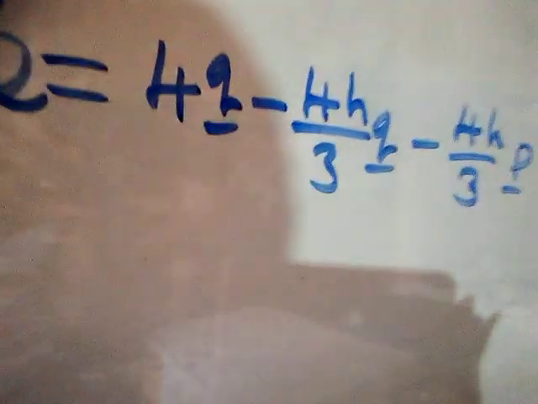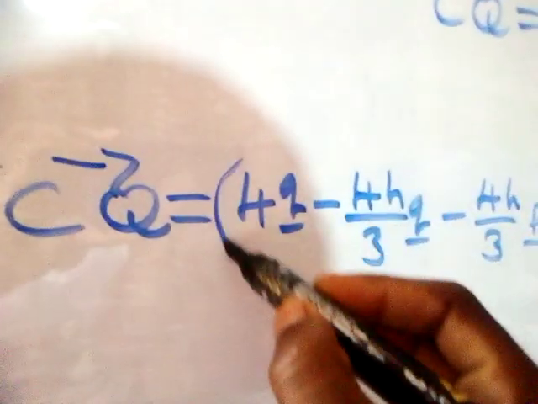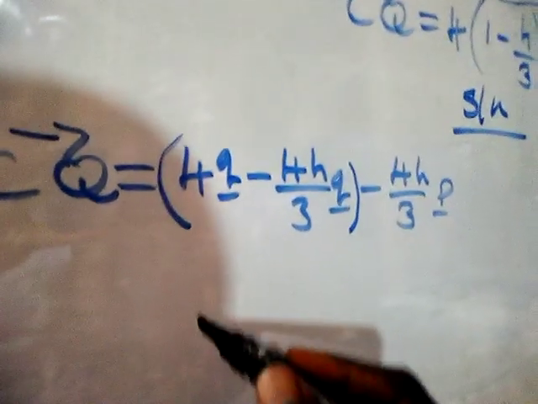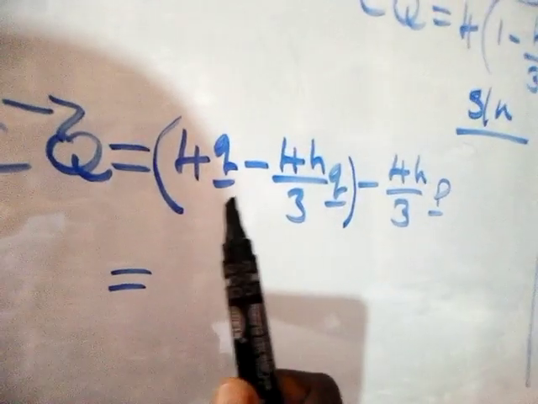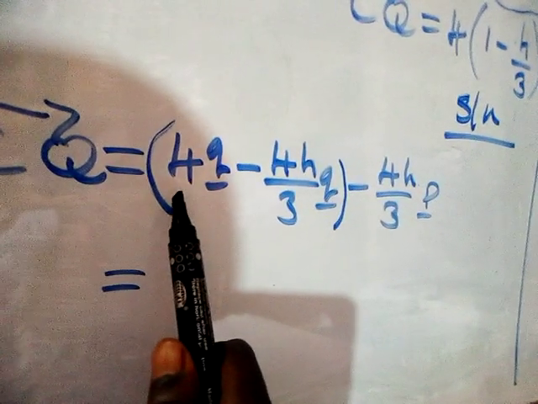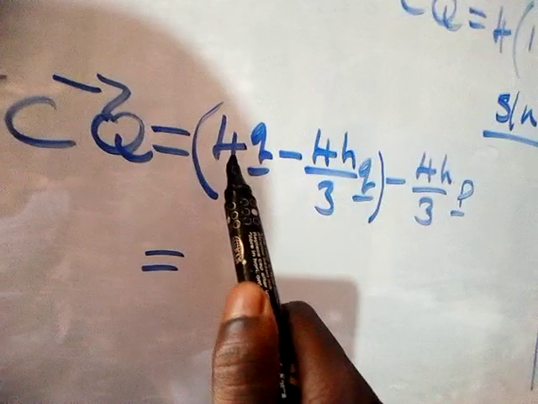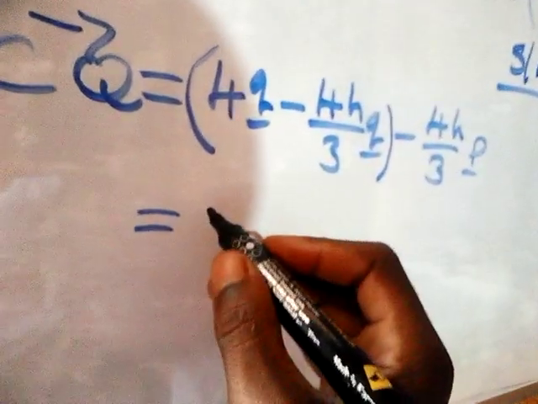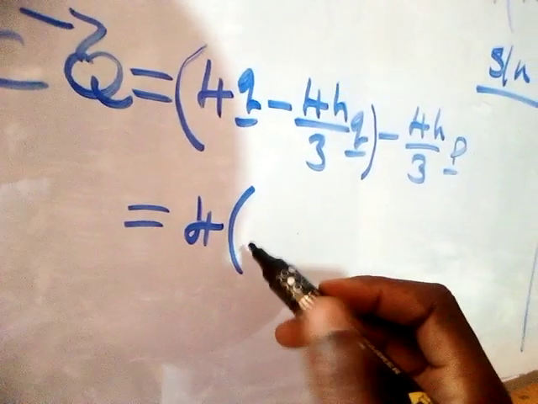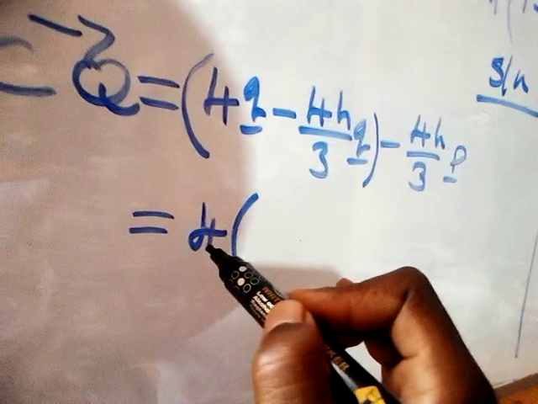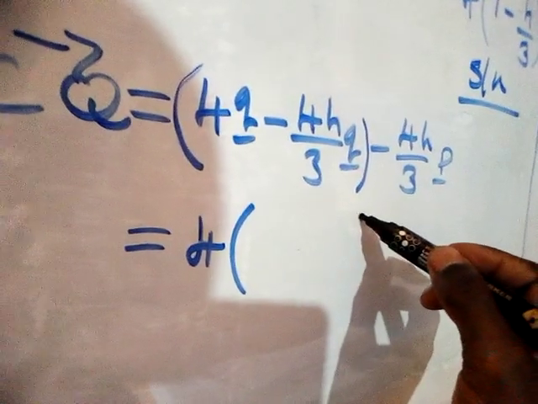At this particular point in time, we are going to factorize. When you factorize, check what is common. In this case, we have 4 vector Q. Note that the number 4 is a scalar, and the scalar is written first. So we write the scalar 4, then open the parenthesis. Then close the parenthesis there.